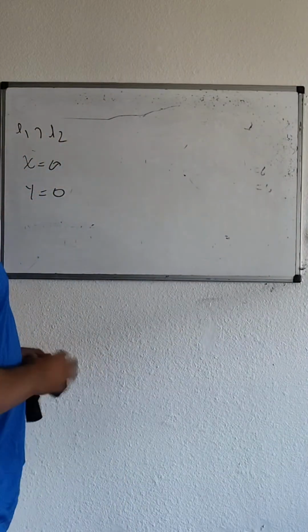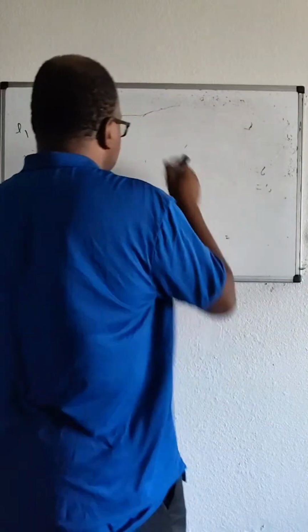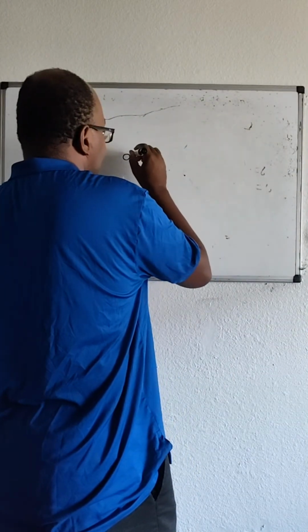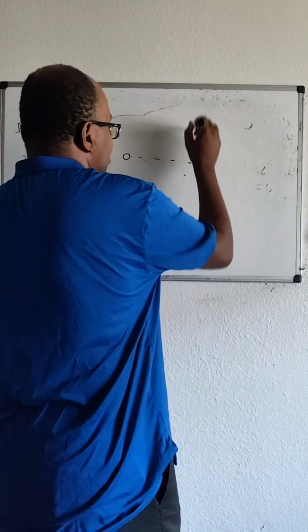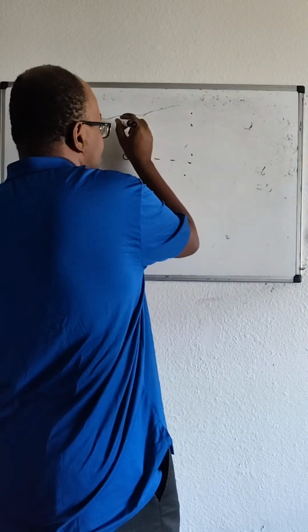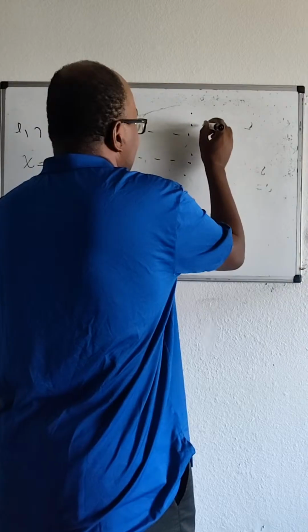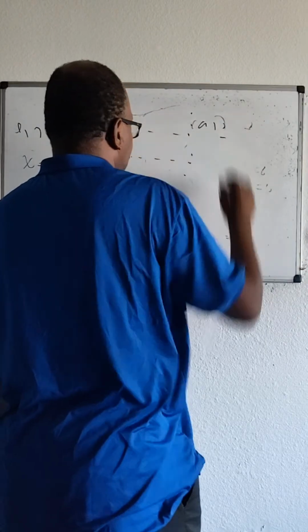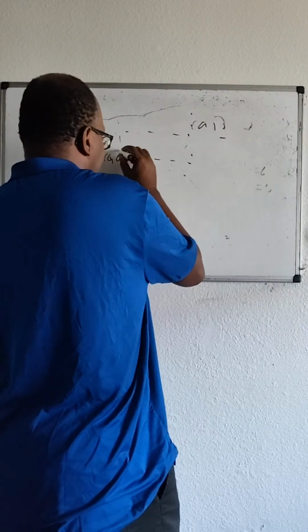So from the origin, okay, let's look from the origin. Call it A comma B, and call this 0, 0.